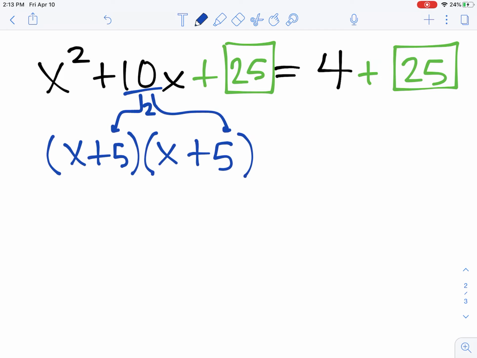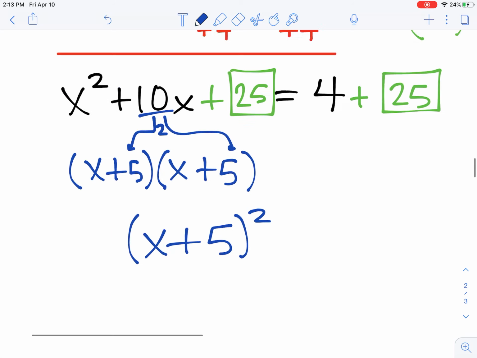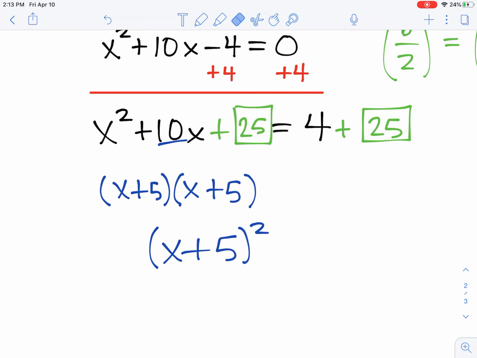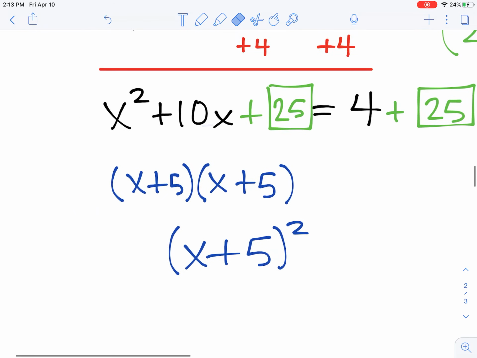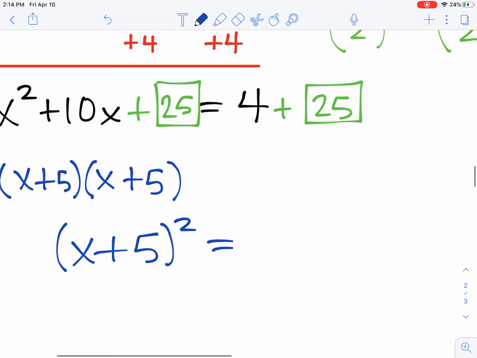So if I divide it by 2, I should get that number. And again, we're going to go ahead and write it as a quantity squared. Now, if you're ever using this method and you forget that pattern, it's not the end of the world. You can just go ahead and factor it by hand. All right, our other side, we just add these two together. So 4 plus 25 should give you a 29.